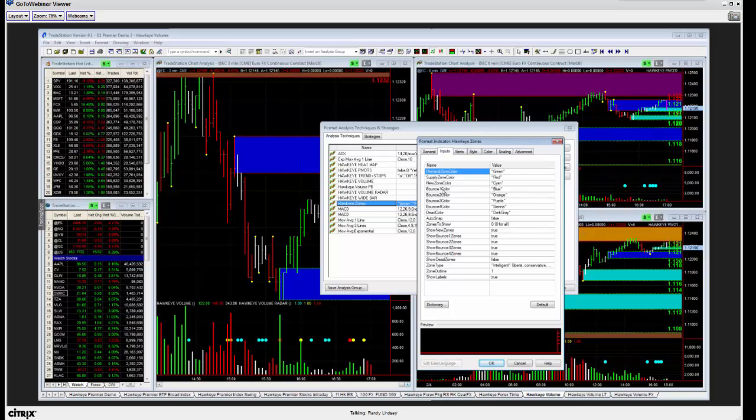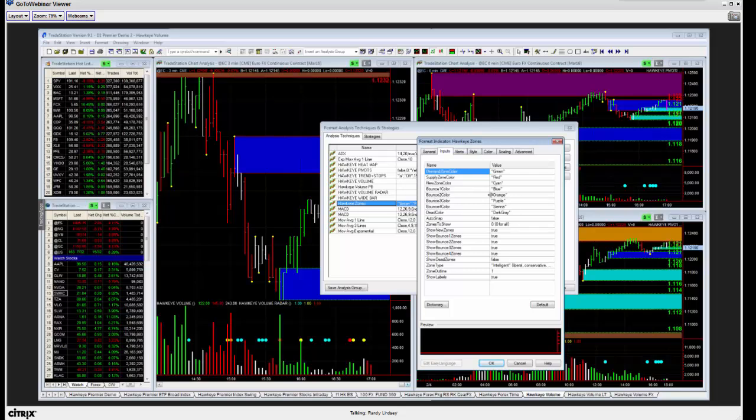First bounce is a blue color, so anytime you see a blue zone, that means that price has interacted with that zone one time. So price is formed here, it's an aqua color, price comes out, comes right back, it's touching, that is a bounce, which causes that zone to change from this color to this color automatically.